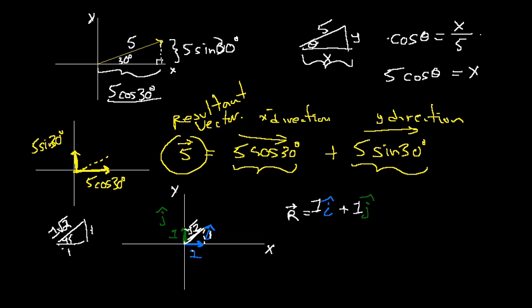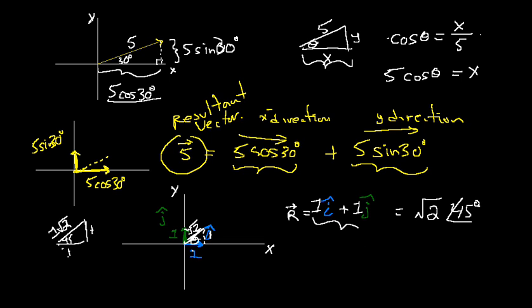That's what happens when you have two same length parts. So the magnitude of this is going to be the root 2, and this is my symbol for angle. The angle here, theta, is going to be 45 degrees.